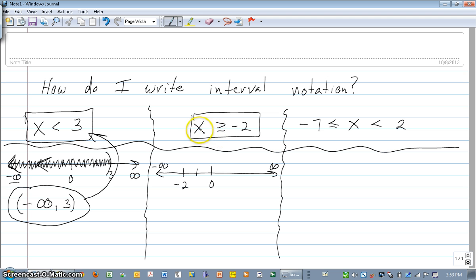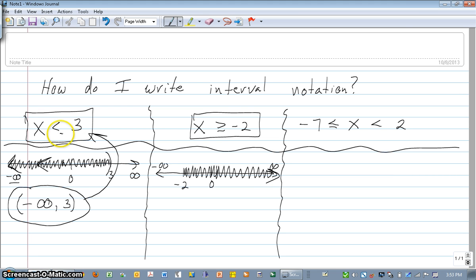Now this inequality is x greater than or equal to negative 2. Greater than means to the right of, and the underline means also equal to negative 2. So we want to include negative 2 and also everything to the right. Let's just carry this out as far as it'll go.